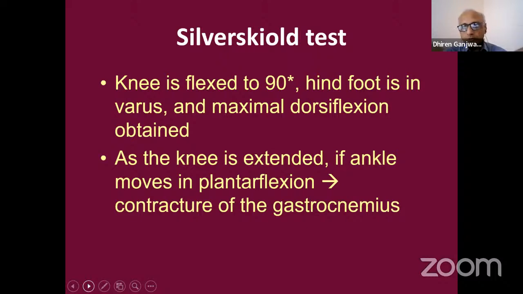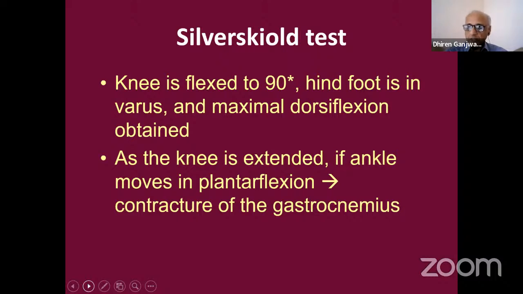Now, my question to both Freeman and Benjamin: usually most of us start with the knee extended position and then we flex the knee.